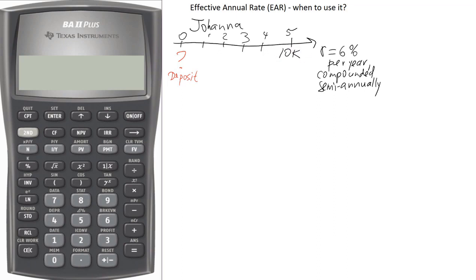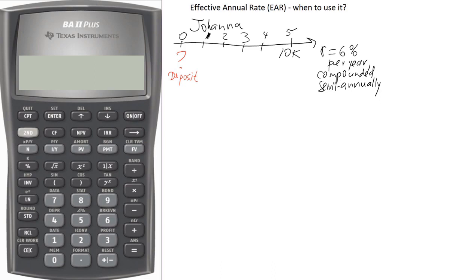Okay, so how are we going to solve it? What is the true rate that the money would be earning every year? It's actually not going to be 6%, but a little bit more than that, because after the first half a year, Joanna will earn 3%, right? Half of the quoted rate of 6%.